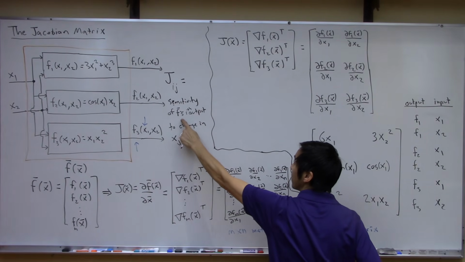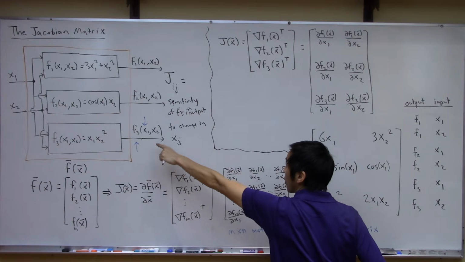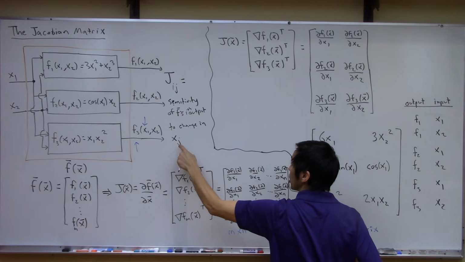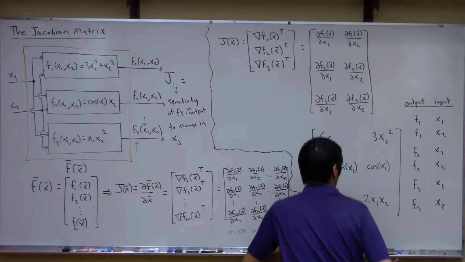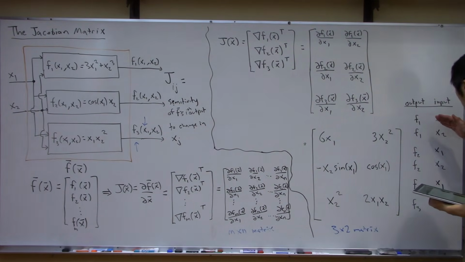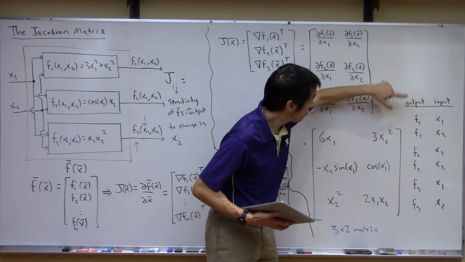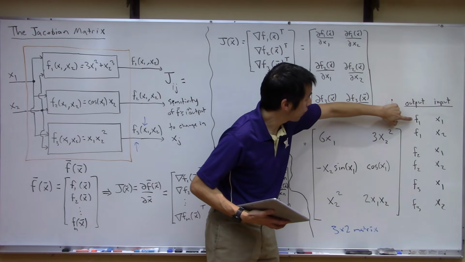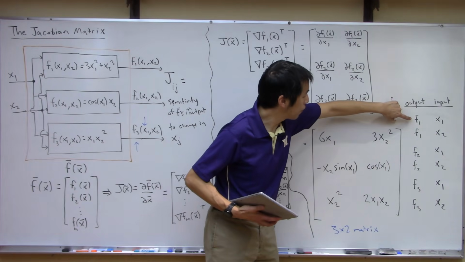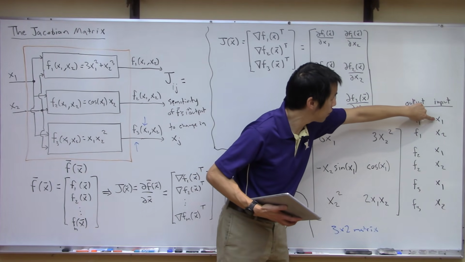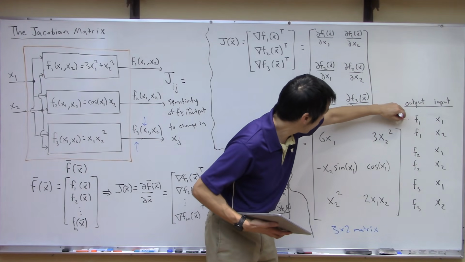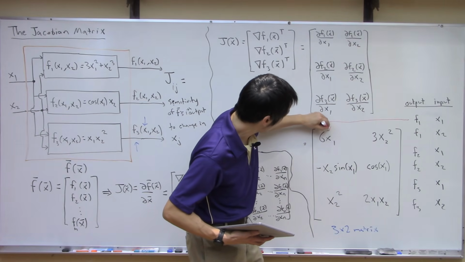And again, its physical interpretation is that each element of this matrix is measuring the sensitivity of the ith output to the change in the jth input. In other words, if I make a little table, and I want to look at the sensitivity of the first function output to the first input variable, that's the 1, 1 element right here.